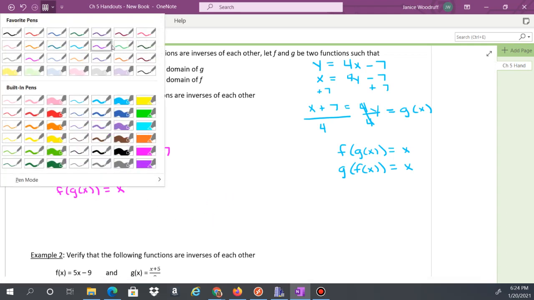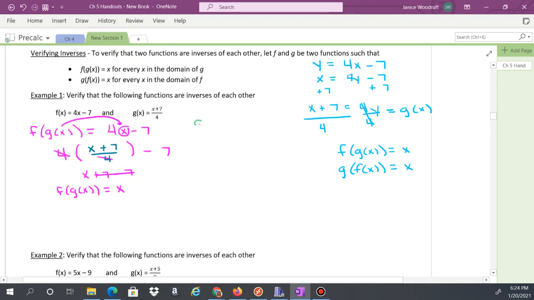So if I go do g of f of x, okay, I'll start with g of x, which is x plus 7 over 4. I'm going to put f of x in for this x value right here. So that is going to be, let's see, 4x minus 7.